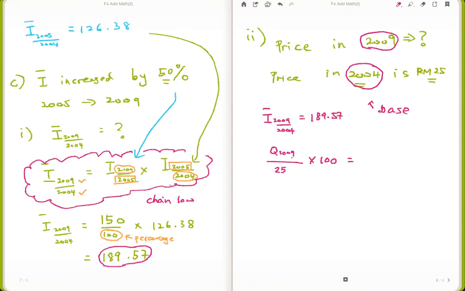Then rearrange them. Therefore the price in 2009 would be RM47.39.